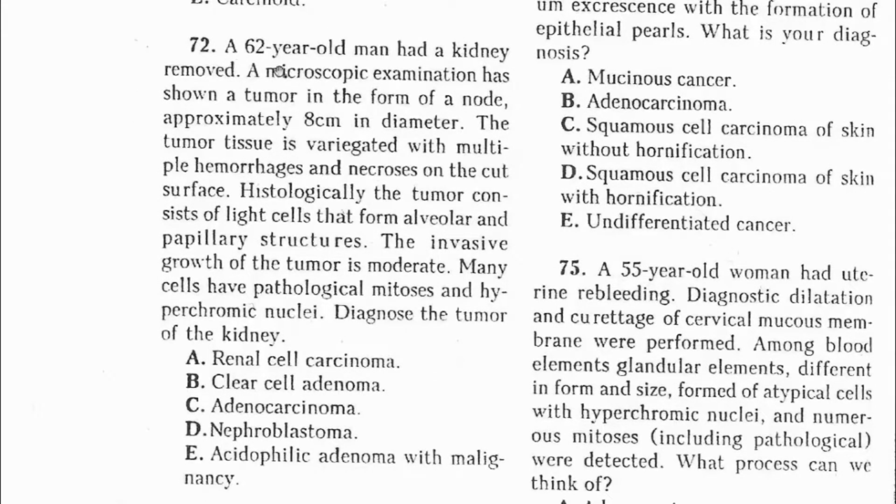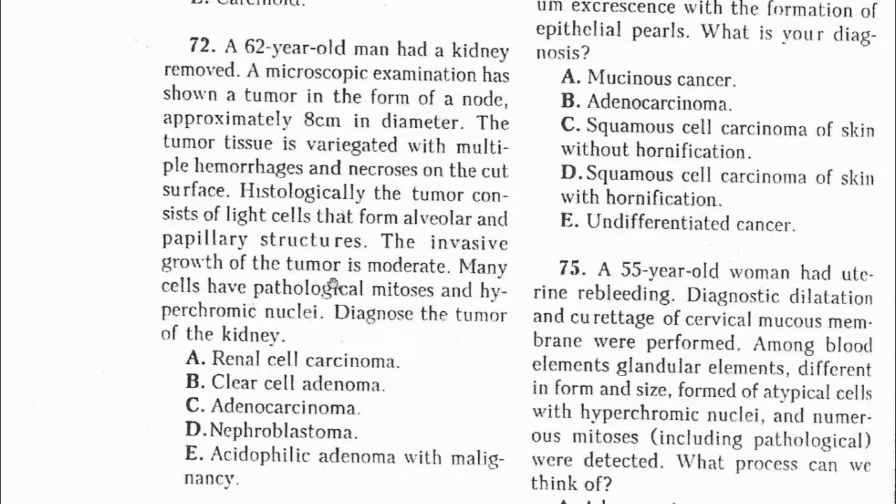72. A 62-year-old man had a kidney removed. A microscopic examination has shown a tumor in the form of a node, approximately 8 centimeters in diameter. The tumor tissue is variegated with multiple hemorrhages and necrosis on the cut surface. Histologically, the tumor consists of light cells that form alveolar and papillar structures.